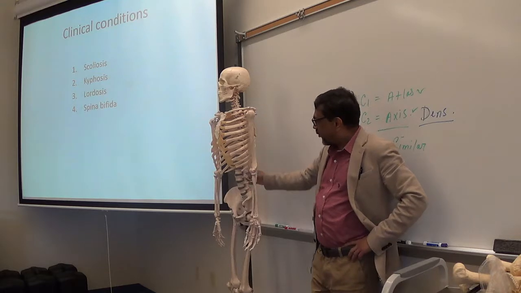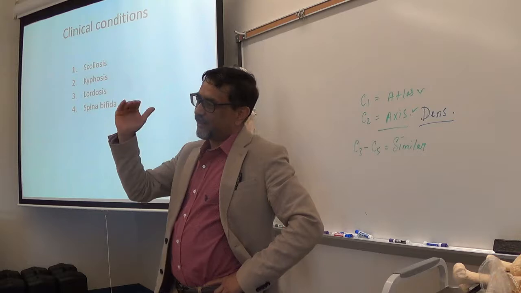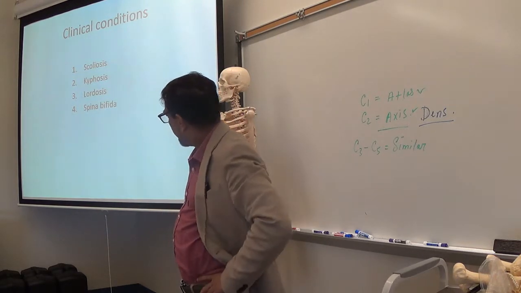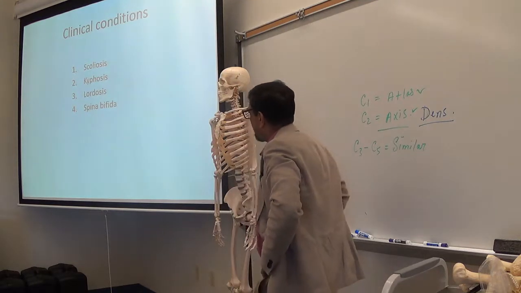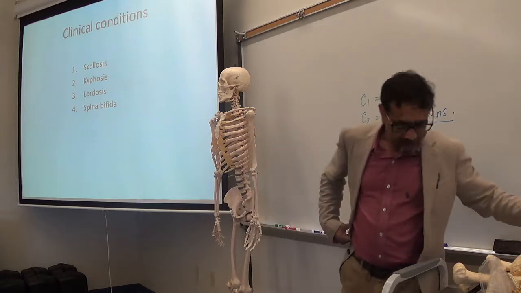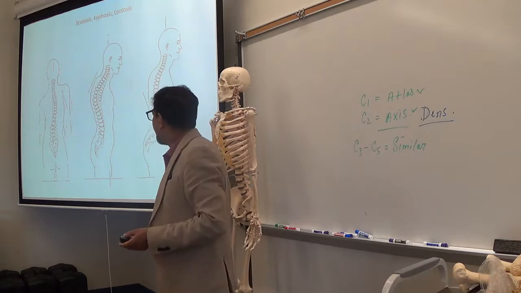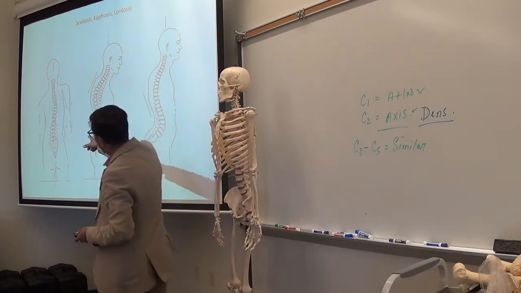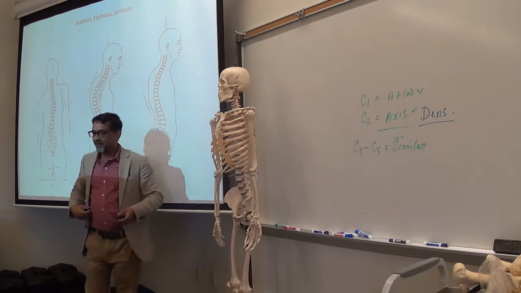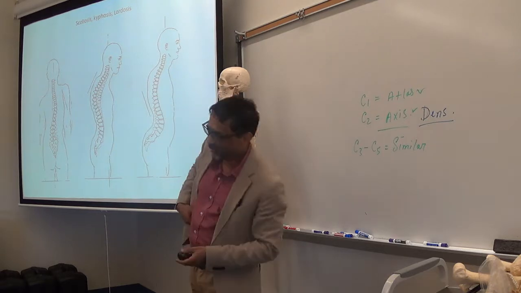If the vertebral column or spine bends, those are the abnormal curvatures of the vertebral column. Scoliosis is sideways, like this. So the first one, you see, the vertebral column is not straight, curved this way, like this is scoliosis. Make sense? Or this is scoliosis.